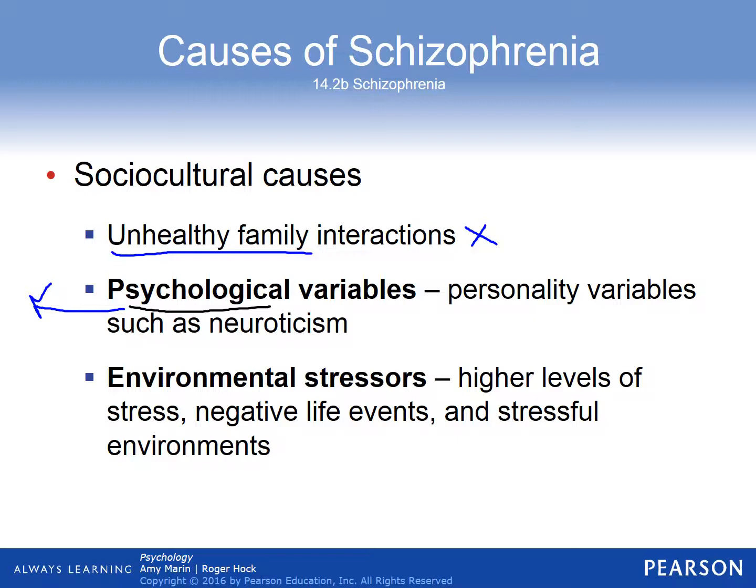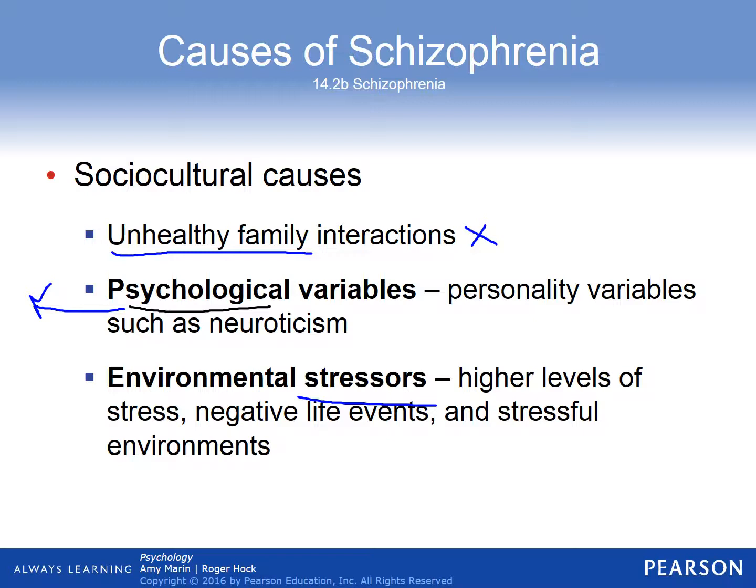And then we have those environmental stressors where if there's lots of stress, negative life events, and environments, again, if you have that predisposition because of maybe a really messed up childhood, but more likely because of genetics, then if the stressor comes along in the environment, then that can be something that causes schizophrenia.